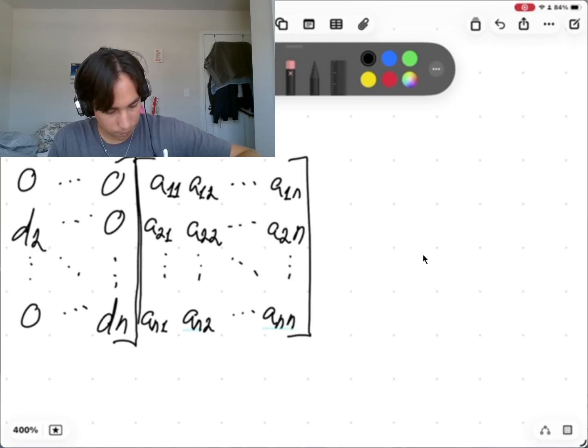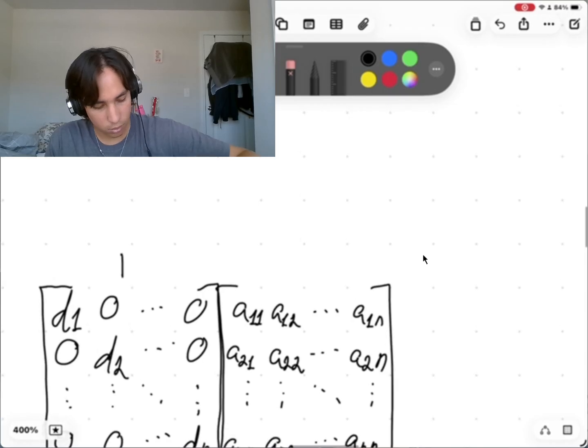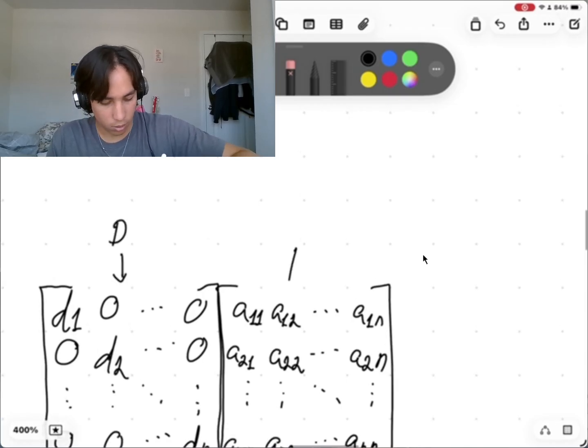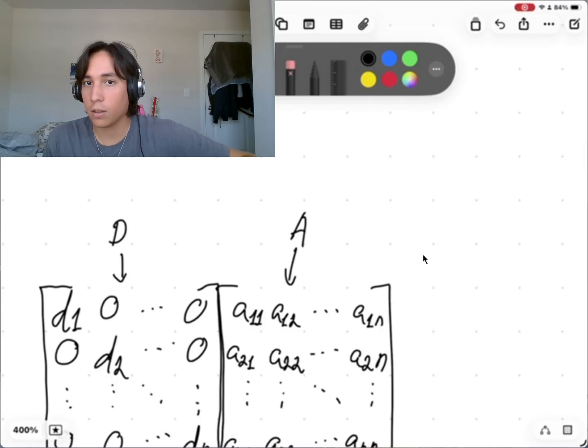Probably means that. So that's A, this is D, and this is A. Compute the products DA and AD.